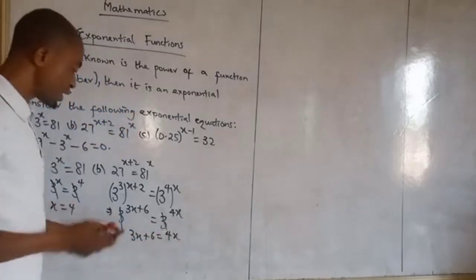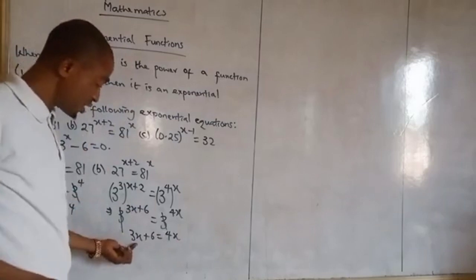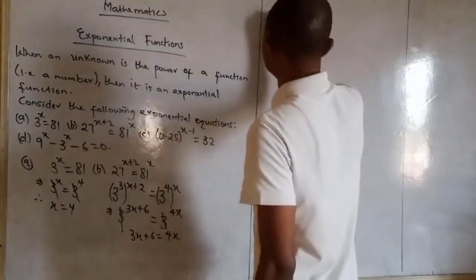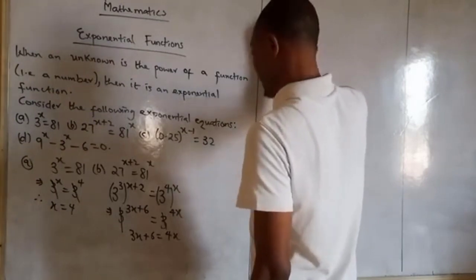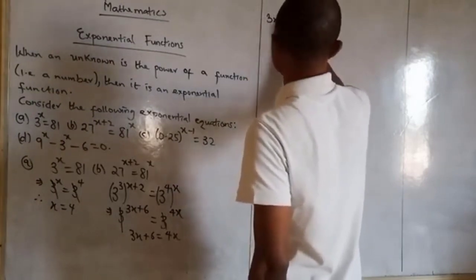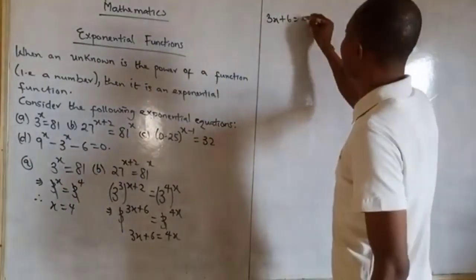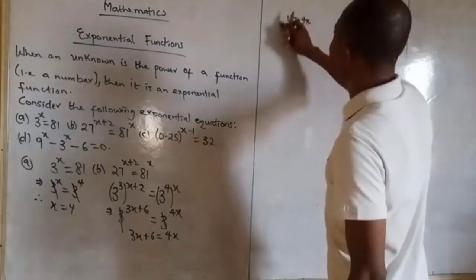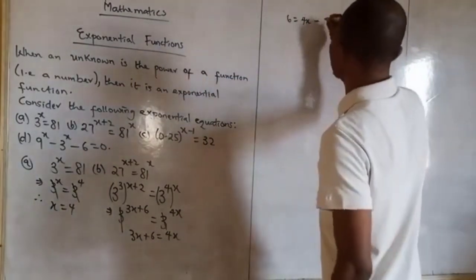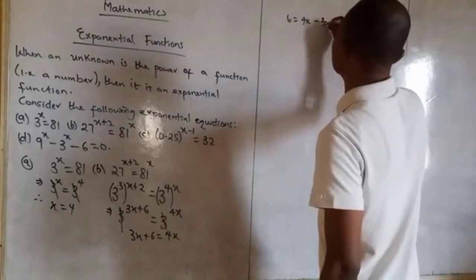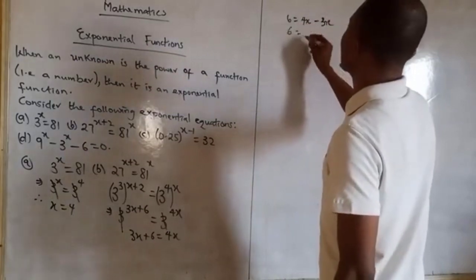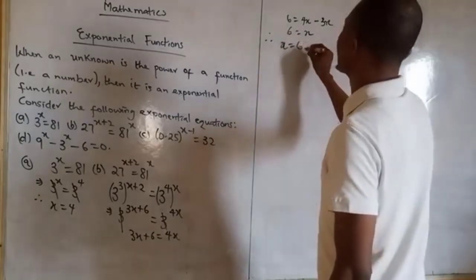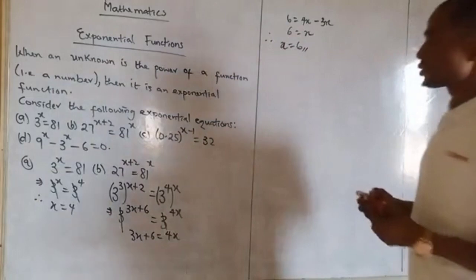So from here we can collect like terms. We carry this 3x to the other side. So we have 4x minus 3x. So 6 now equals x. Therefore, we can say that our x equals 6. So that's for the second question.